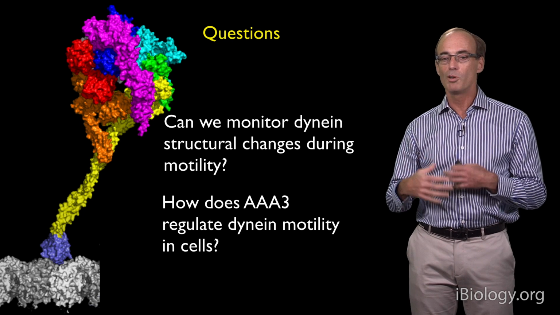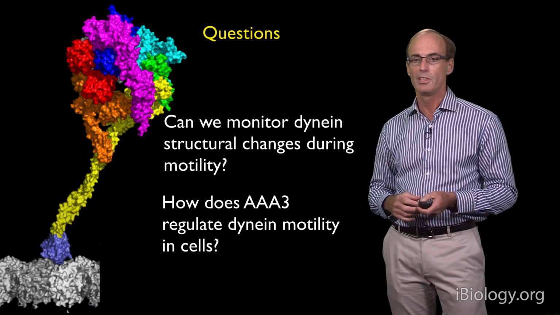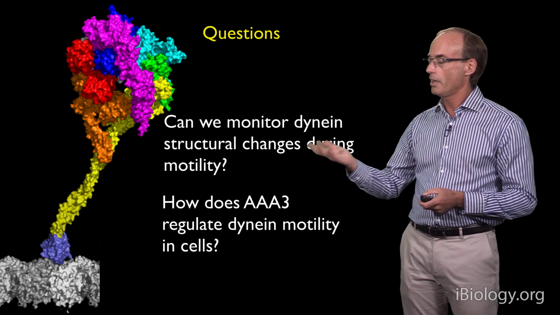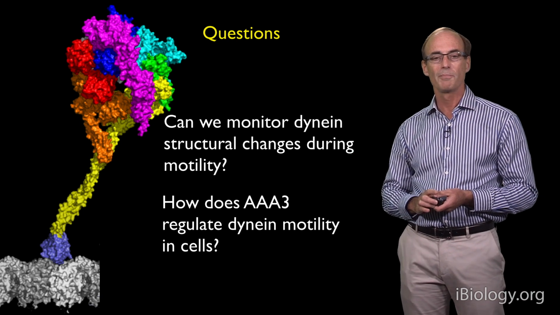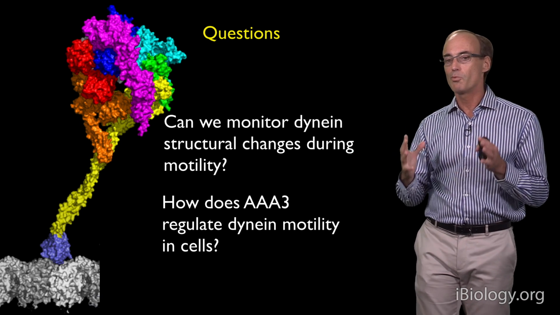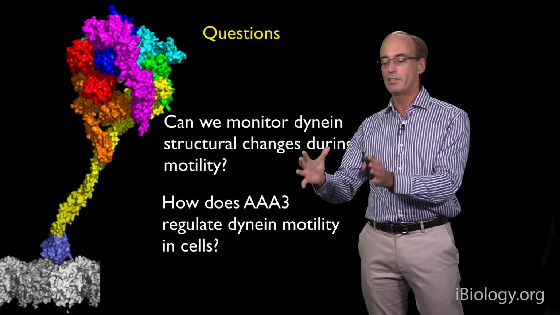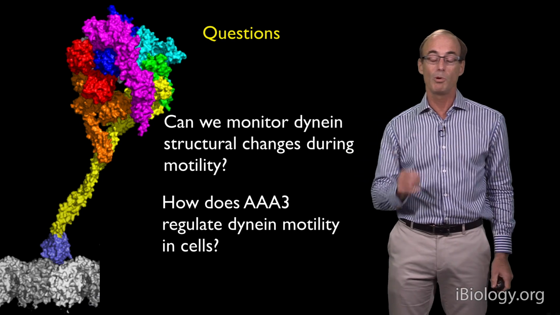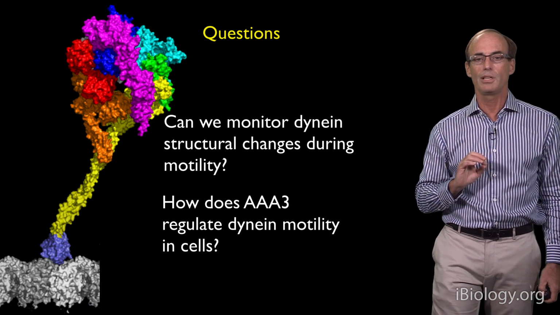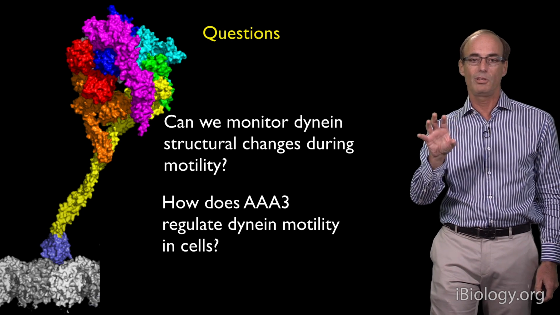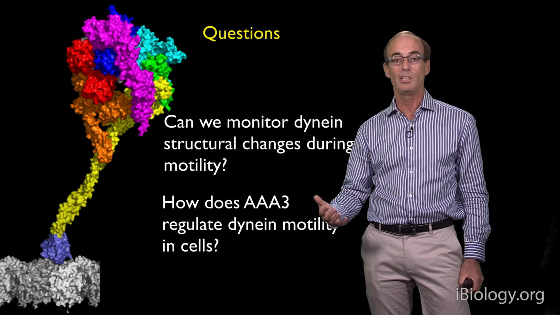But I must say, we're still very much at the beginning, and there are a tremendous number of unknown questions. So I illustrated some atomic structures and conformational changes that occur, but we don't really know how those structural changes relate to the stepping of dynein on the microtubule. What would be particularly nice is, instead of just getting static images of dynein, we can actually monitor and measure dynein structural changes while it's in the act of motility.